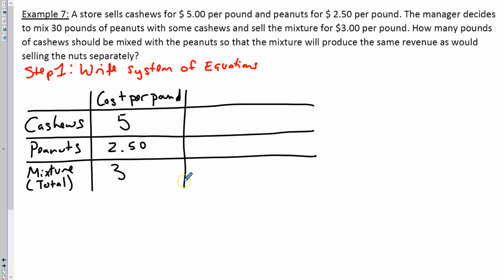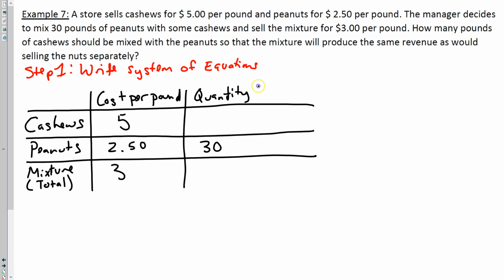So we have the cost per pound, but we're also including a quantity of how many pounds we're going to use of all the different nuts. So we did find out that we're going to mix 30 pounds of peanuts, with some amount of cashews to create our mixture. And they didn't tell me how many pounds of cashews we're going to be using. They also didn't specify the mixture, so those may be things that we need to determine.